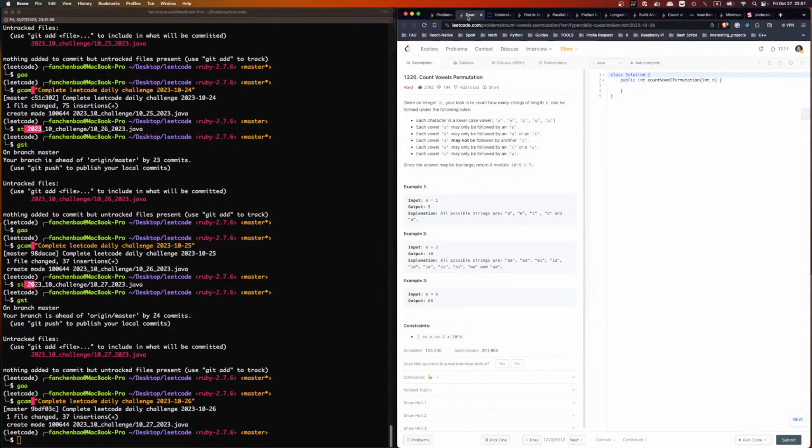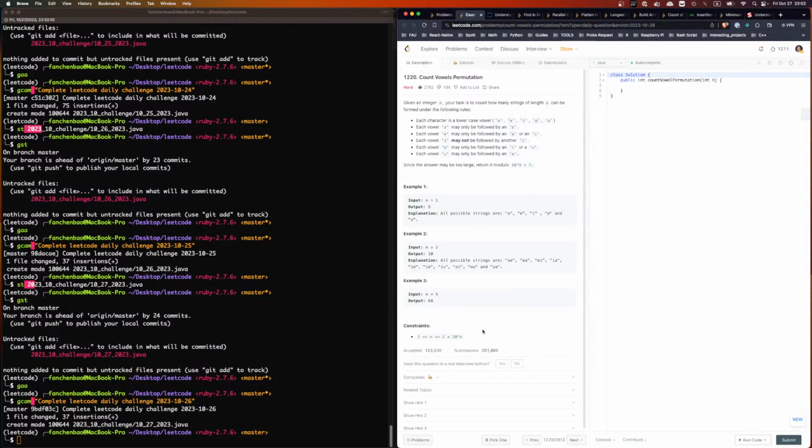Each character is a lowercase vowel. Each vowel A may only be followed by an E. E may only be followed by A and I. I may not be followed by another I. O may only be followed by an I or U. U may only be followed by an A.